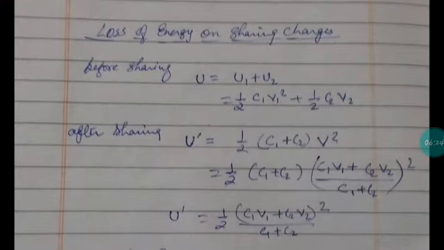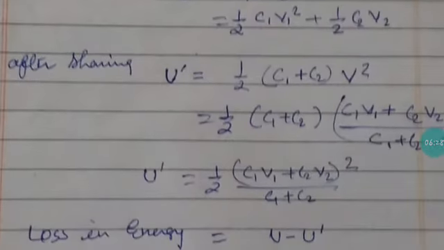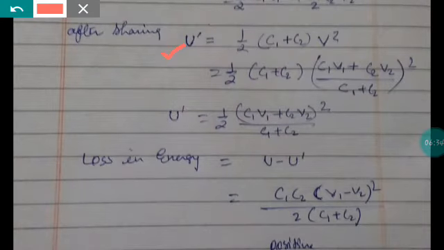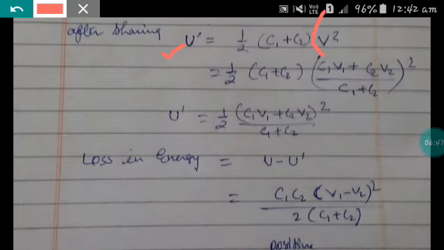And after sharing charges, the stored energy for both the capacitors will be half CV square. C will be the equivalent capacitance, which is C1 plus C2, and we take the common potential.